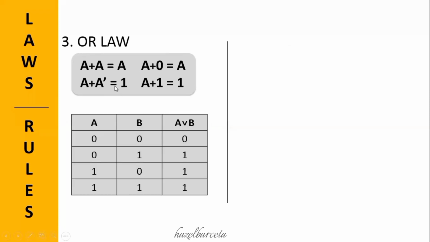Okay, so here, A plus A. So when A is 0, okay, so 0 pa rin yung A. Ang result ay 0, which is A. When A is 0, combined with its complement 1, the result is 1. Okay, so when A is 1, combined with 0, the result is 1, which is also A. When A is 1, combined with 1, the result is 1. Okay, which is here then. Ayan na.